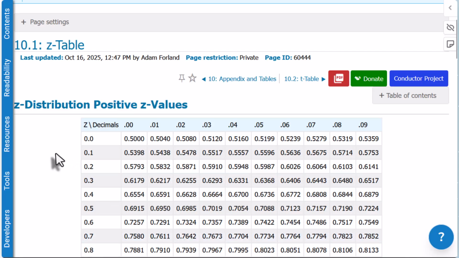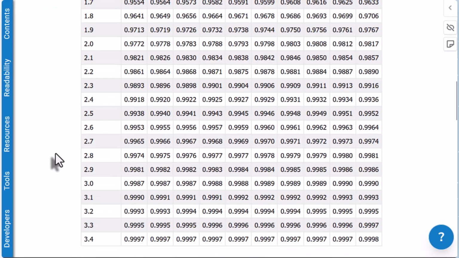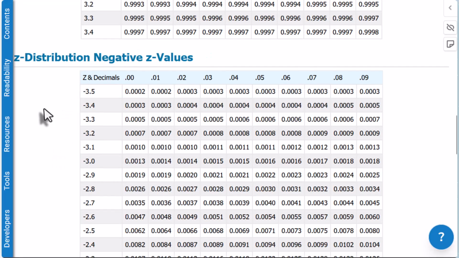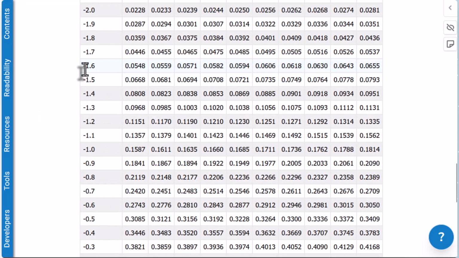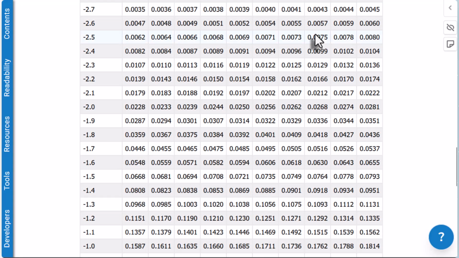So I need to look up the z-score negative 1.67. So I need to go to the negative z-score values and I'm going to go to negative 1.6, and then I need to go to the column that gives us a 0.07. So I'm going to scooch back up here. The column 0.07 is right here, so I'm going to scroll down.